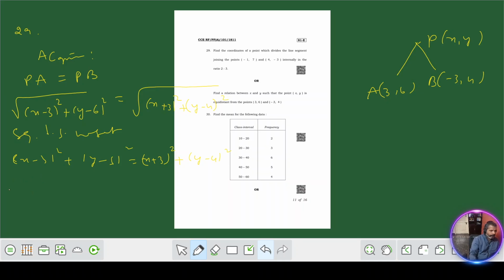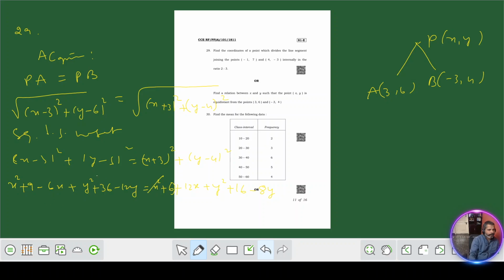Open and simplify. x square plus 9 minus 6x plus y square plus 36 minus 12y equal to, same way here, (x plus 3) whole square, x square plus 9 plus 6x... sorry, 12x, plus y square plus 16 minus 8y.